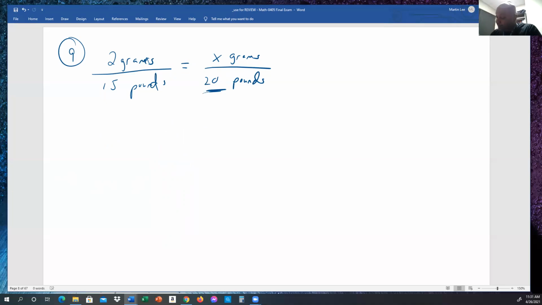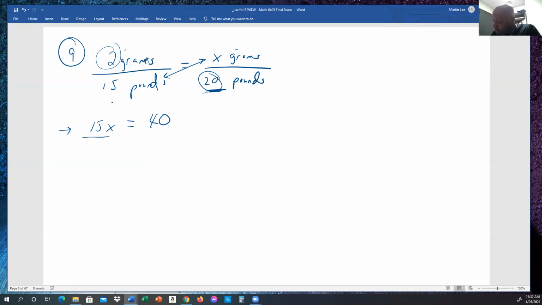Let's try this again. It is cross multiply. Let me make sure I got this set up right. Okay, 2 grams for every 15 pounds of weight. And how many grams is for 20 pounds, not 200 pounds? Now cross multiply. 15 times x gives me 15x, and equals 2 times 20 gives me 40.